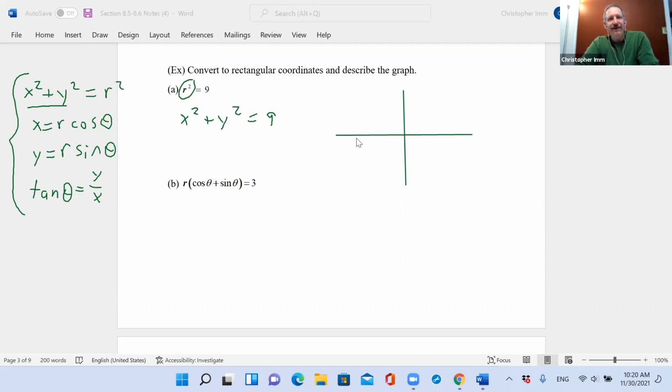So when you're thinking about it, it sort of makes more sense in polar. When you're thinking about the radius squared being equal to 9, then if you took a square root, the radius would be equal to plus or minus 3, right? So if you thought of theta as being arbitrary, and everything that's 3 or minus 3 from the pole, where would that put you? What kind of figure would that give you?